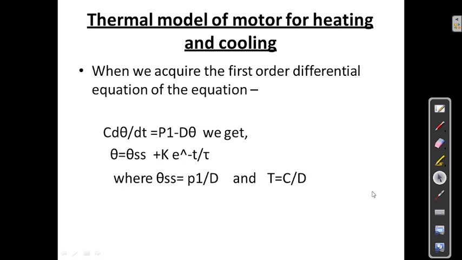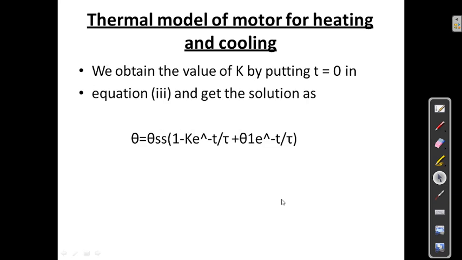Then, when we solve the first order differential equation C d theta by dt equals P1 minus D theta, we get theta equals theta s plus k e power minus t by tau, where theta s equals P1 by D and tau equals C by D. Then we obtain the value of k by putting t equal to 0.